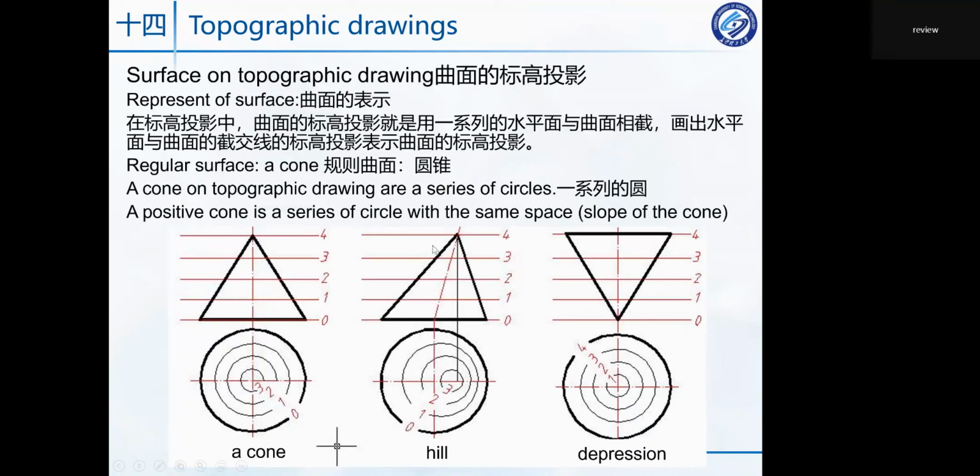And for this one, we rotate this cone and we can get a shape like this. As for this one, the slope is all the same at each point.